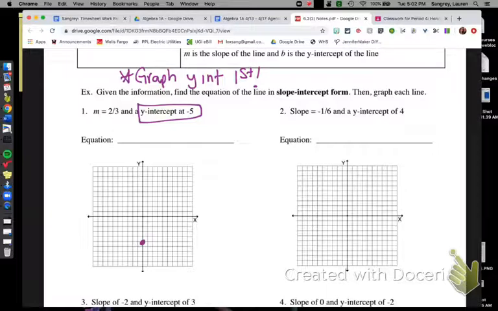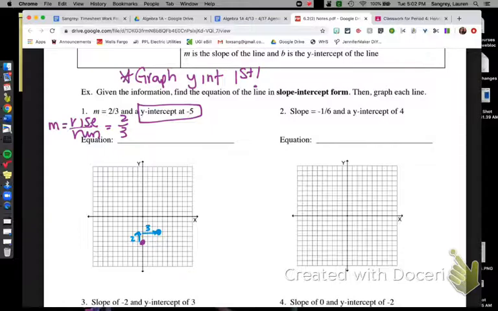Now you're going to use your slope. Remember that slope is rise over run, and for this example it's 2/3. So we're going to start from the point we already made. That purple dot is where I'm going to start, and I'm going to go up 2 blocks and then over 3 blocks, and then make another point.